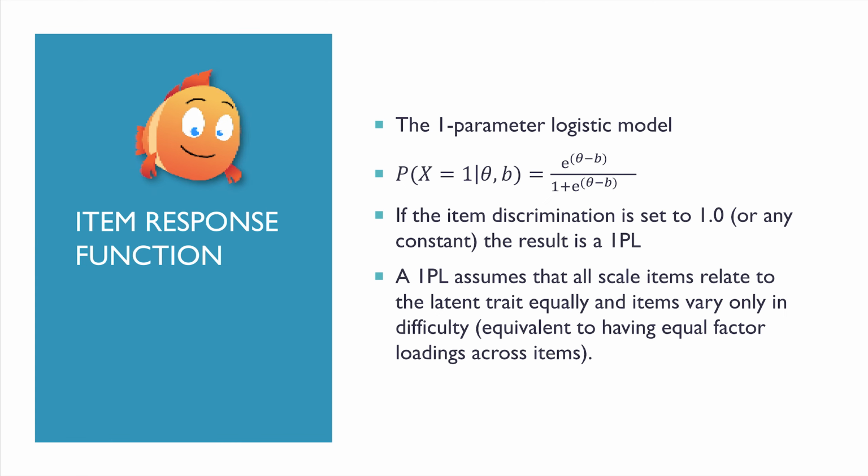Okay, now let's take a step even further back. Here we are down to just one parameter because the item discrimination has now been fixed to 1. It can be any other constant, but the end result is a 1PL model. A 1PL model assumes that all scale items relate to the latent trait equally, and items only vary in how difficult they are.